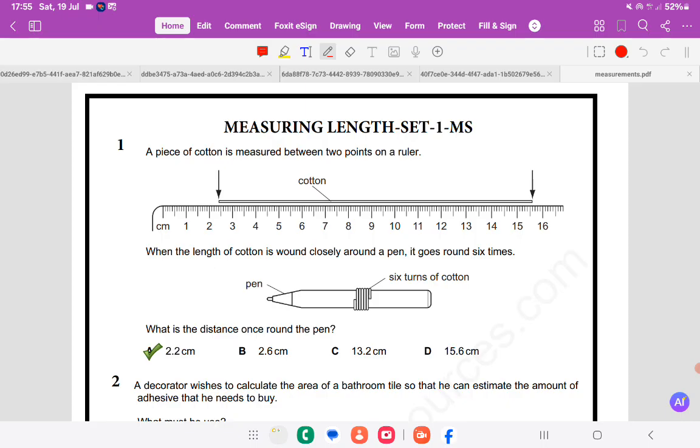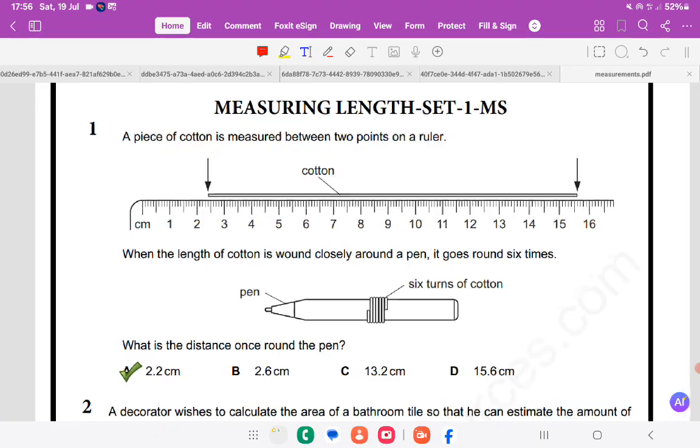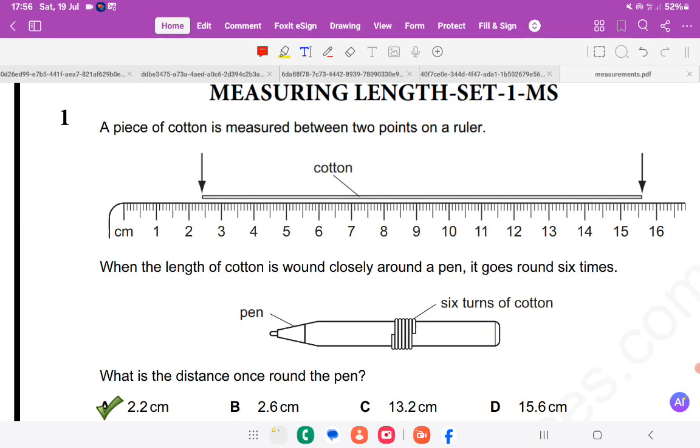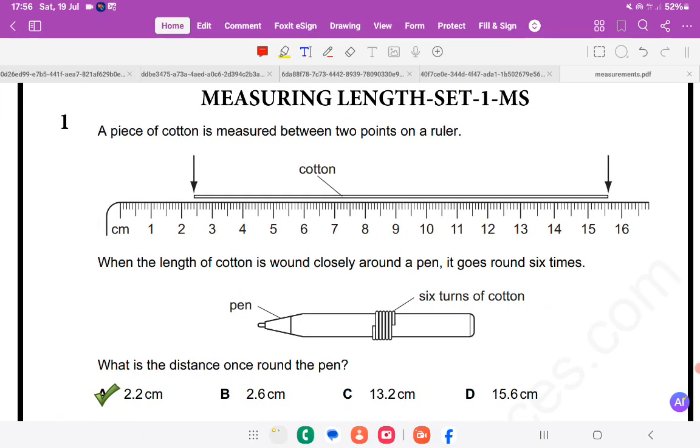In order to find it, you need to know the reading at this point and the reading at this point, and then we subtract the two readings. That will give us the length of the thread.